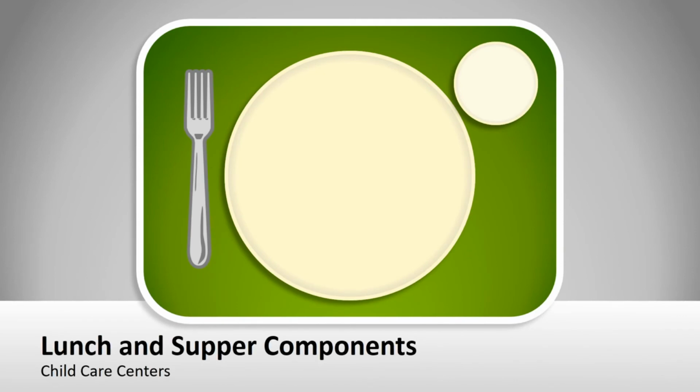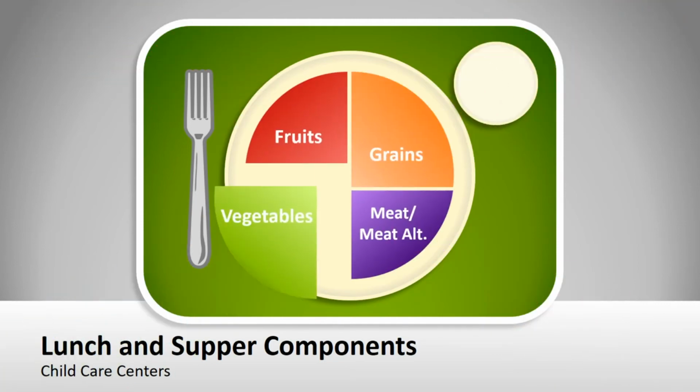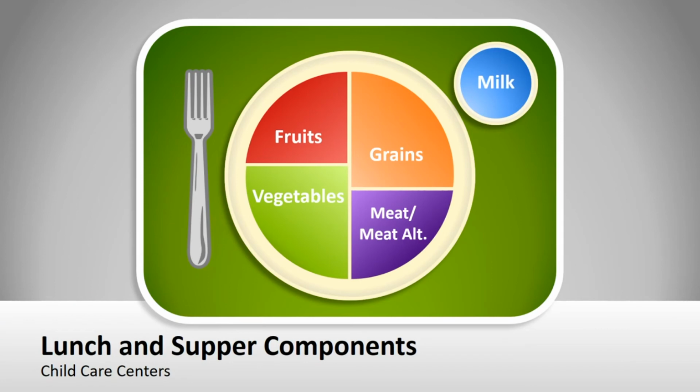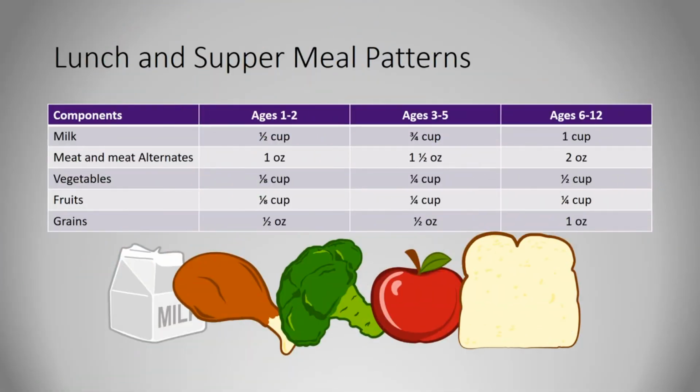Let's take a look at the lunch and supper components. Fruits, grains, meat alternates, vegetables, and milk are all required components for lunch and supper. Here's a closer look at the lunch and supper meal patterns. The requirements below are minimum requirements.